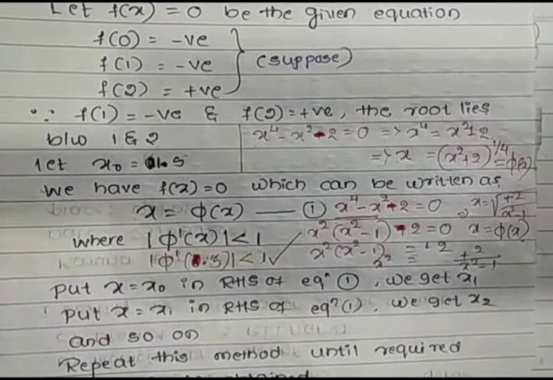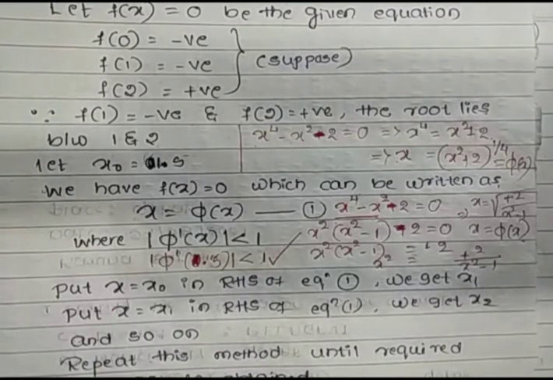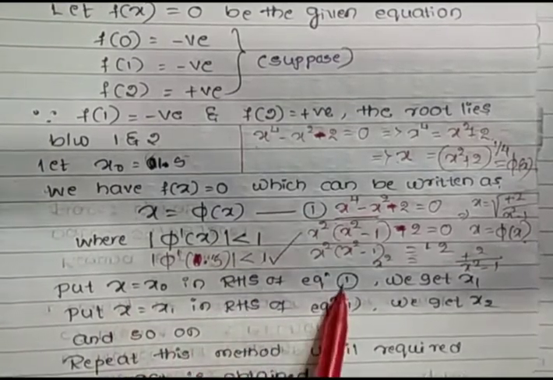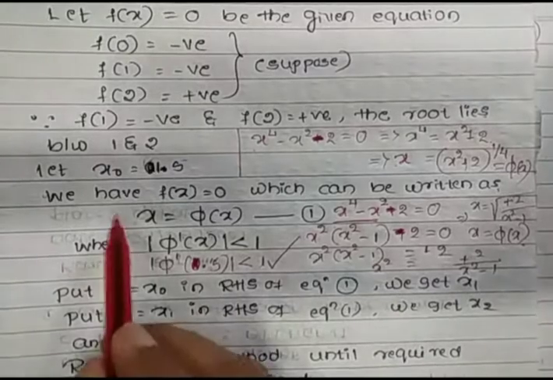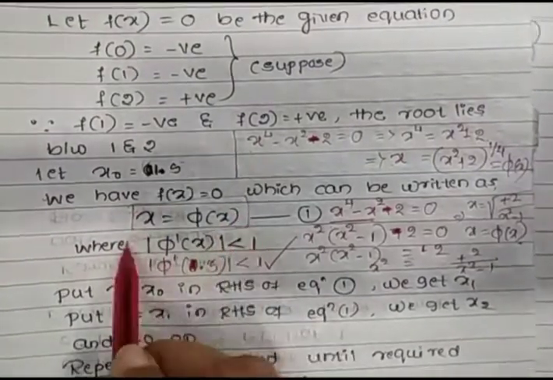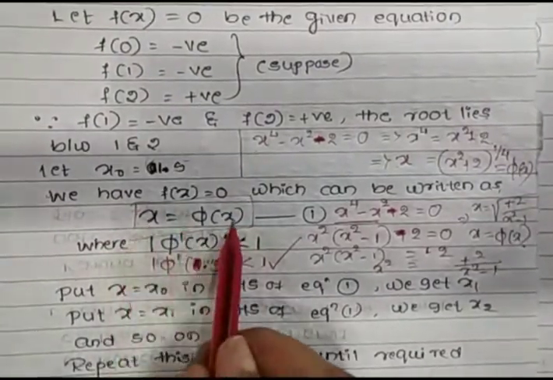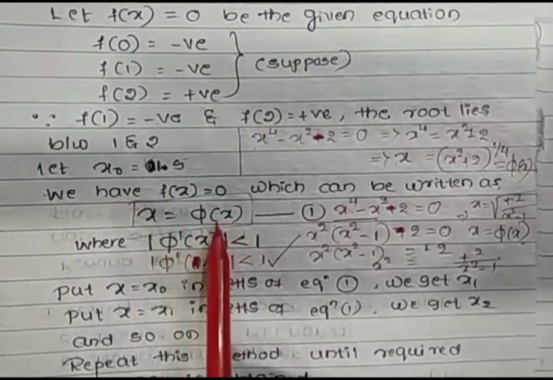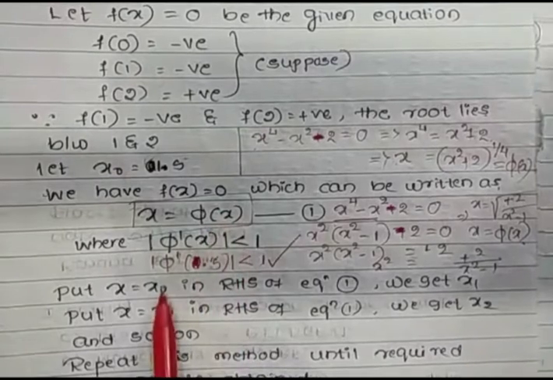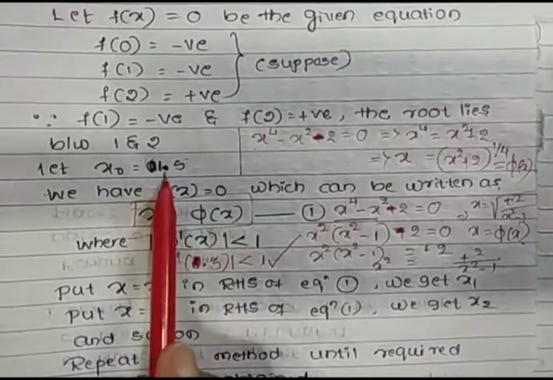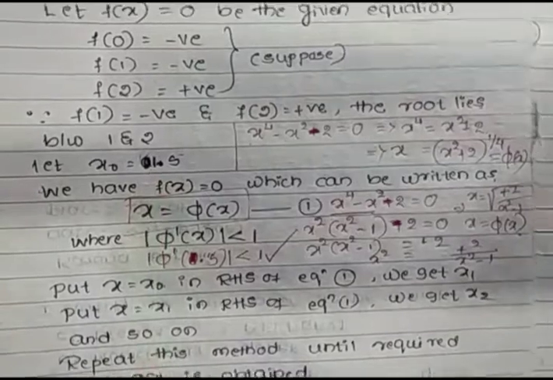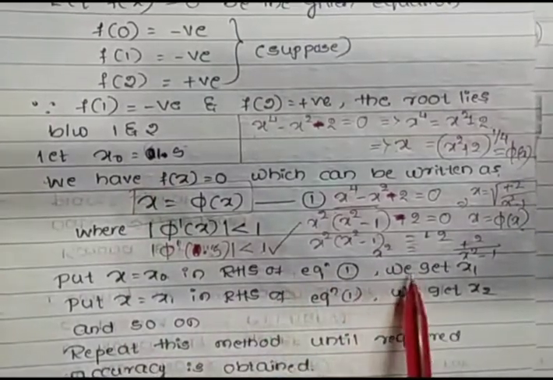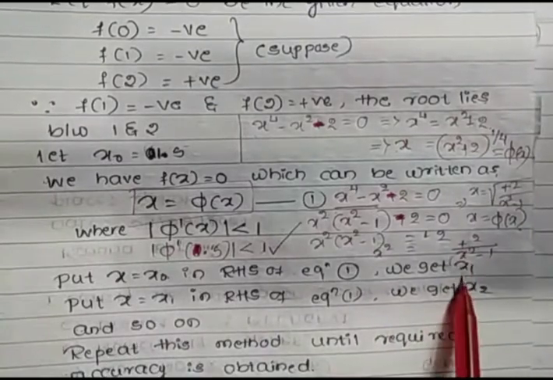Next we have to start finding its roots by replacing x is equal to x naught in the RHS of equation 1. Now what is equation 1? Equation 1 is this one, that is x is equal to pi of x. What we have to do is, on the RHS side, replace this x value using x naught. X naught means the first approximation, that is 1.5. If we replace, we'll get one answer, and that answer will be x1.